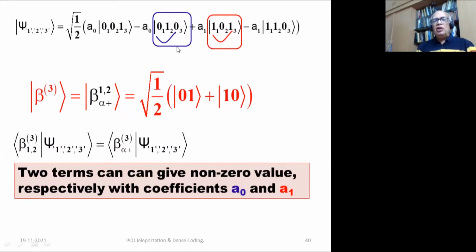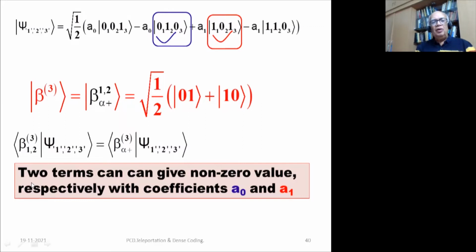So these two terms will give you non-zero components, but you have to be careful because the corresponding probability amplitudes are scaled by this factor A0 with a minus sign, and this one is going to be scaled by A1 with a plus sign.